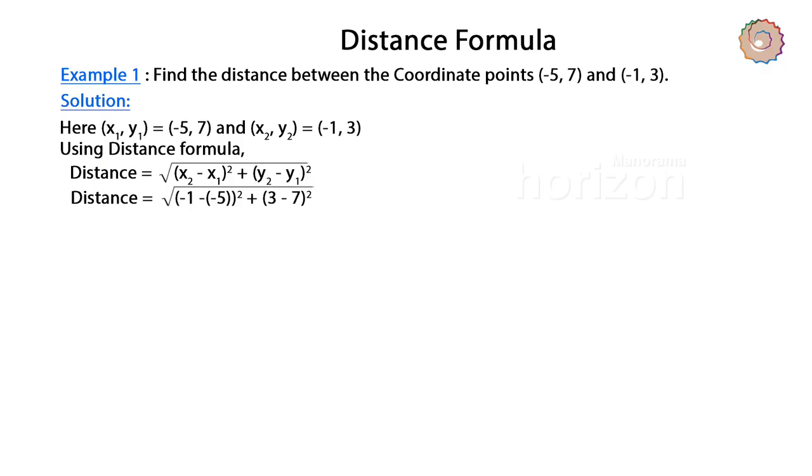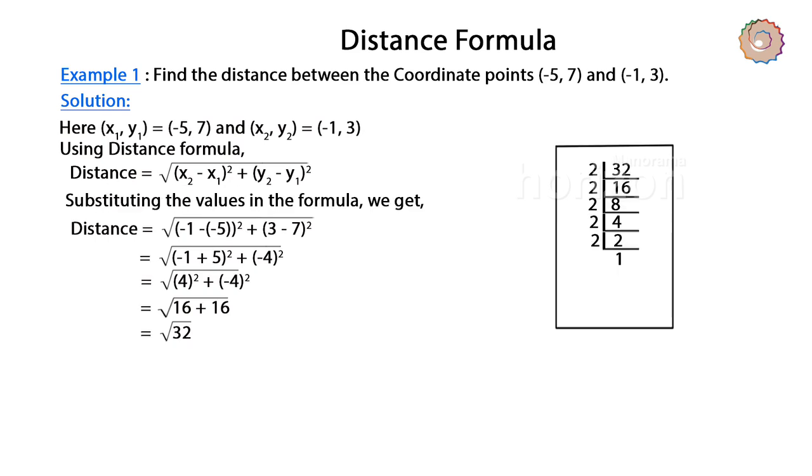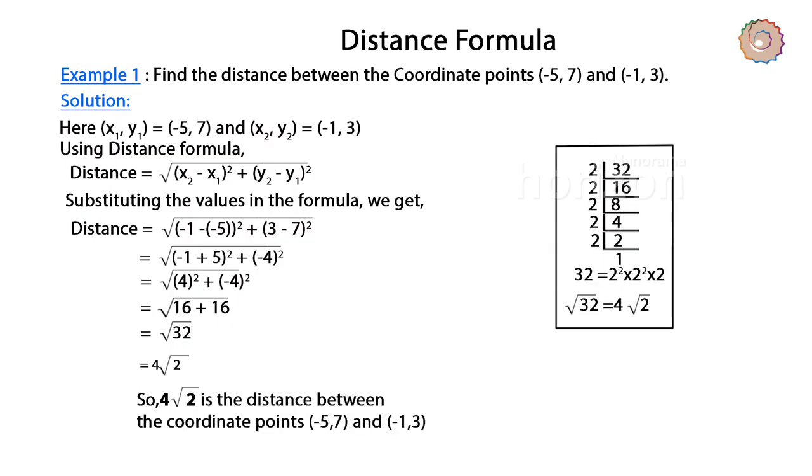Substituting the values in the formula, we get the distance as root of (-1 minus -5) whole square plus (3 minus 7) whole square. Upon further simplification, we will get it as root 32. By factorization, root 32 equals 4 root 2, which is the distance between the coordinate points (-5, 7) and (-1, 3).